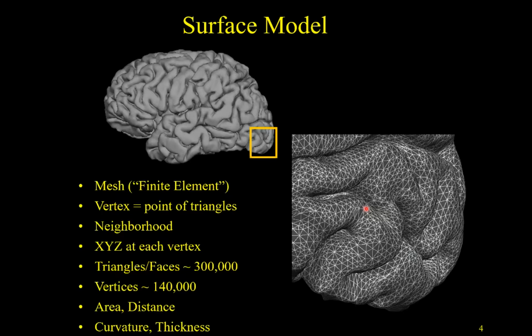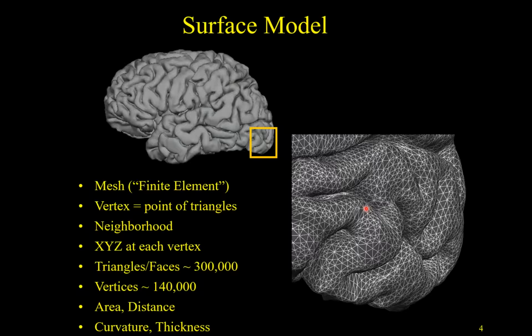It has an XYZ location. It has a certain neighborhood around it, vertices that are around it. And so once you have that information, then you can create this mesh of the surface. And this is a topology, this is a geometry that allows you to compute things like thickness and surface area and distance from one point to another.